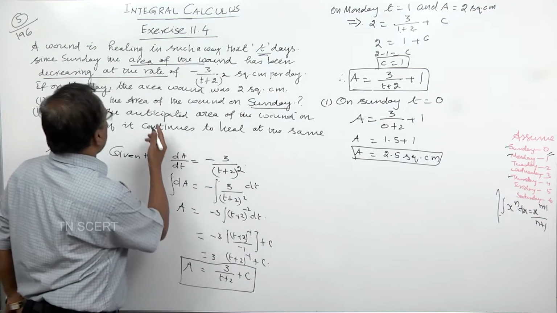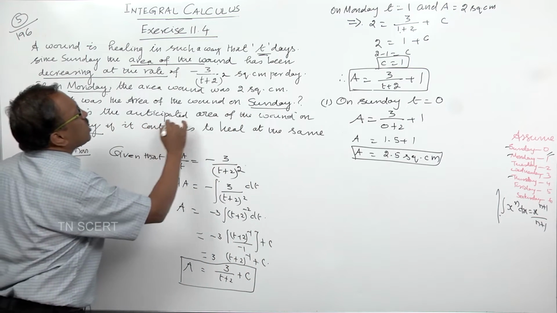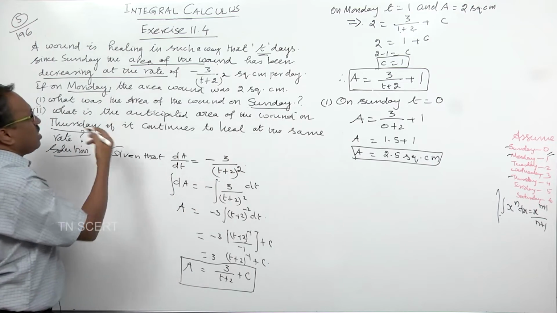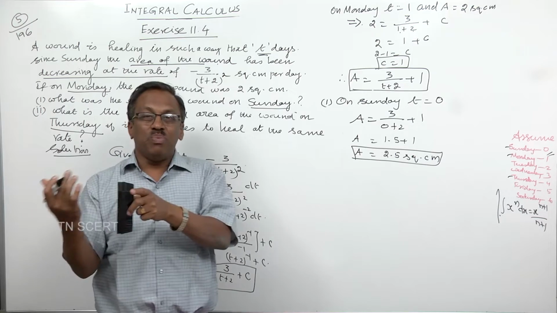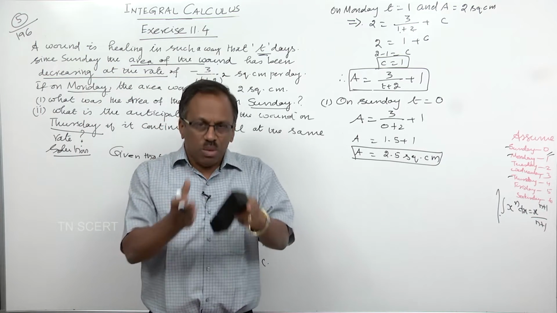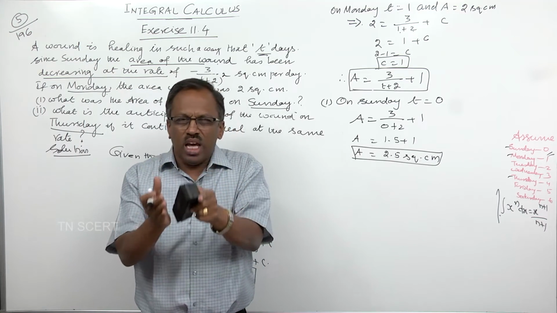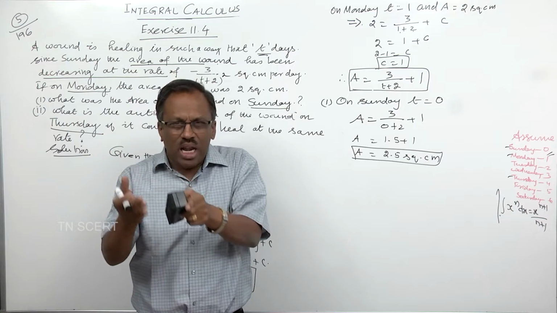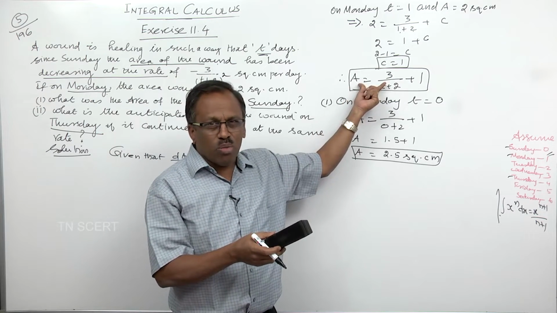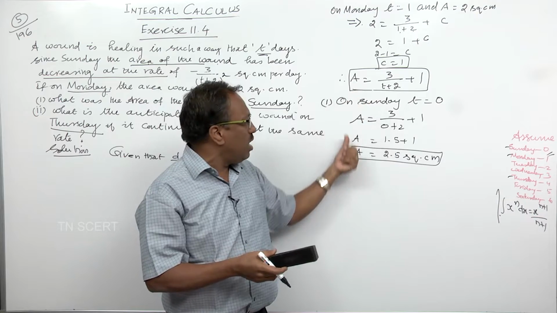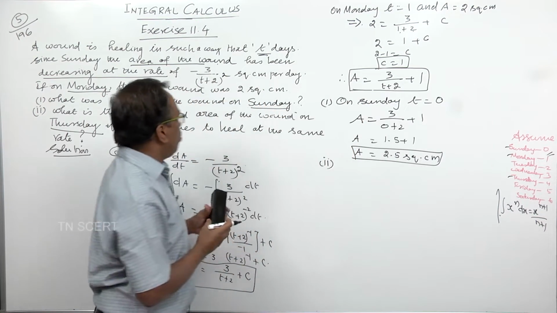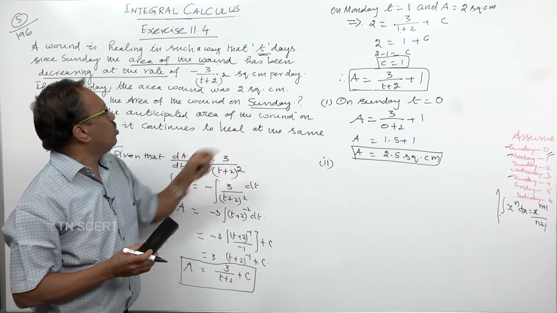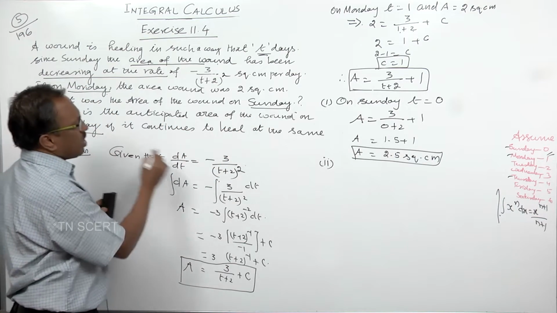And the question is, what is the anticipated area of the wound on Thursday? See, the person is affected, Sunday was carried over, and Monday it was like this, the formula again reformulated, and we want to know what would be the area of the wound anticipated on Thursday.